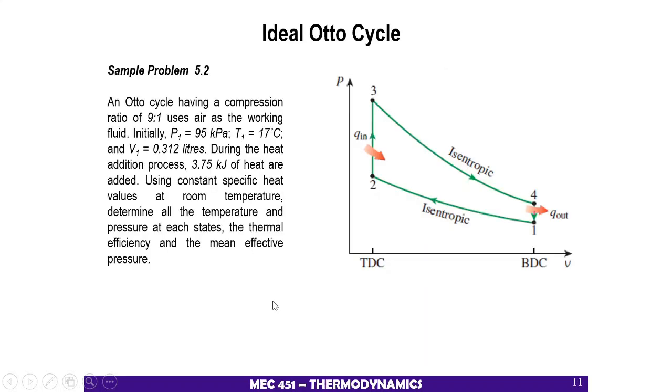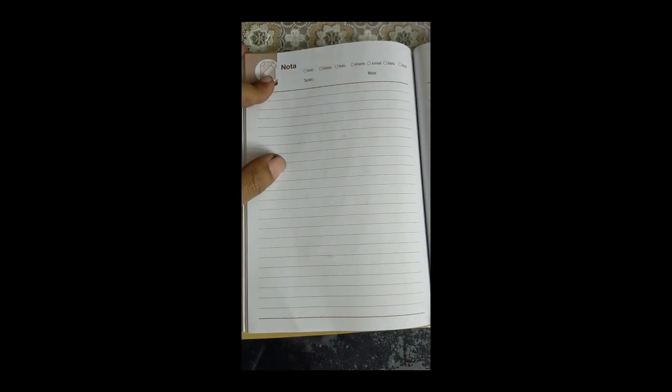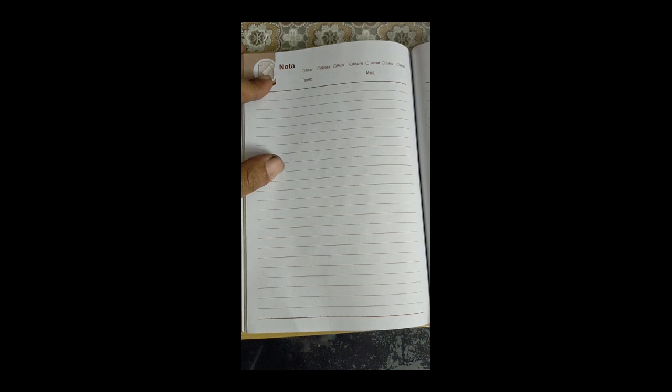Sample problem 5.2. An Otto cycle having a compression ratio of 9 to 1 uses air as the working fluid. Initially, P1, pressure 1, is 95 kPa, T1 is 17 degrees C, and V1 is 0.312 liters.